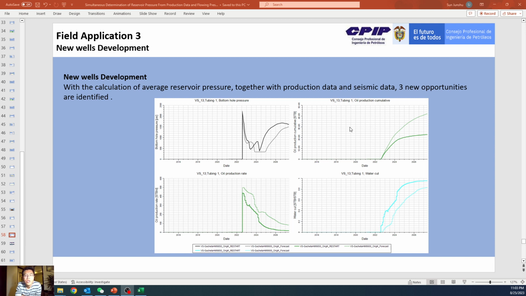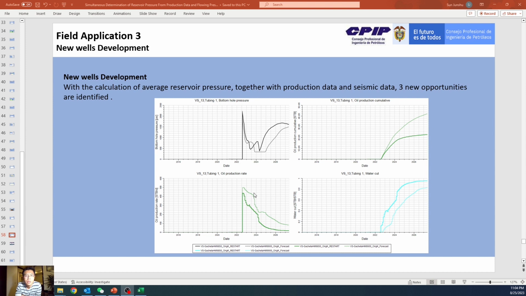New well number 13. Initial pressure. The flowing pressure is around from 500 to 1,500.